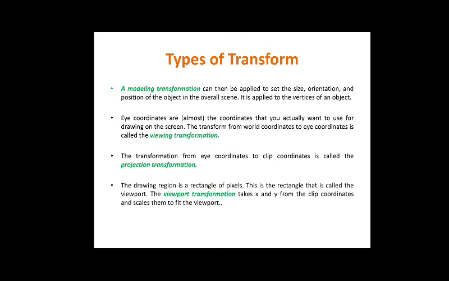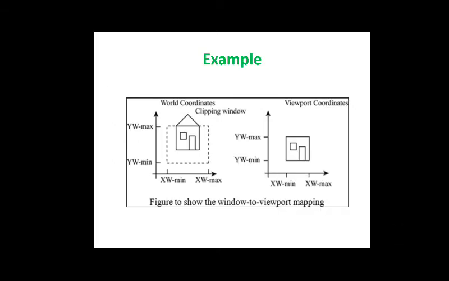At the last, you convert the clip coordinates into device coordinates, and that is called the viewport transformation, meaning you represent xyz coordinates as only x and y coordinates by applying a viewport. So these are the different transformations.